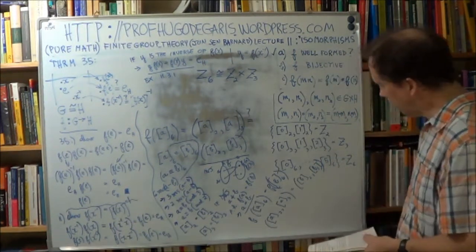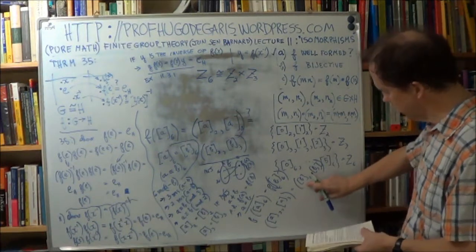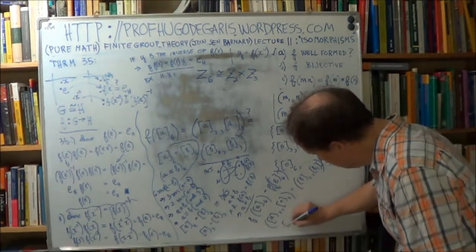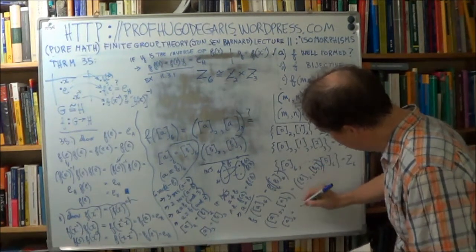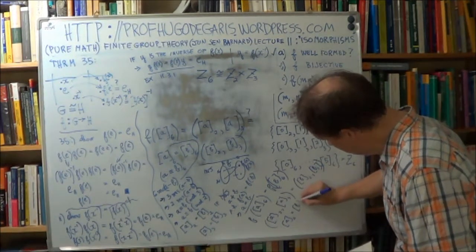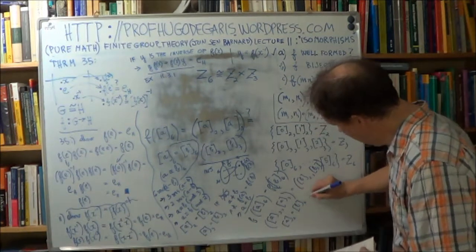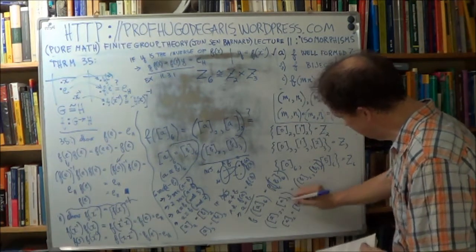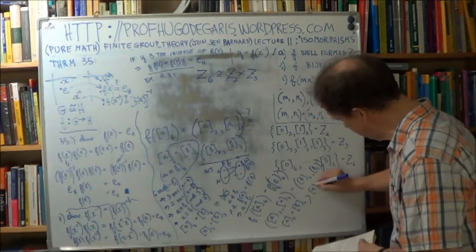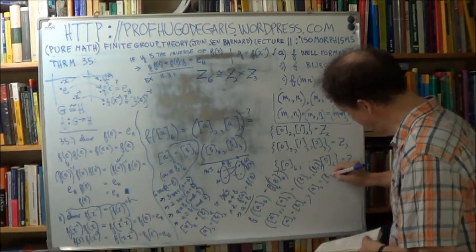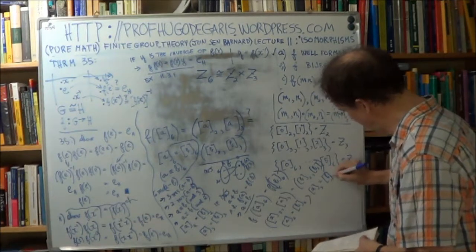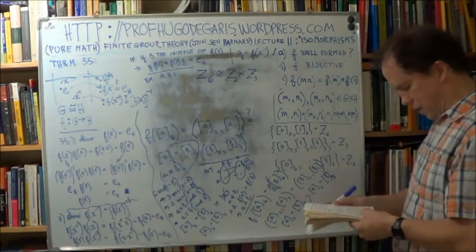Okay, so that means this is equal to that, right? So a of 2 equals b of 2 mod 2, and a of 3 equals b of 3 mod 3. So this equals this.